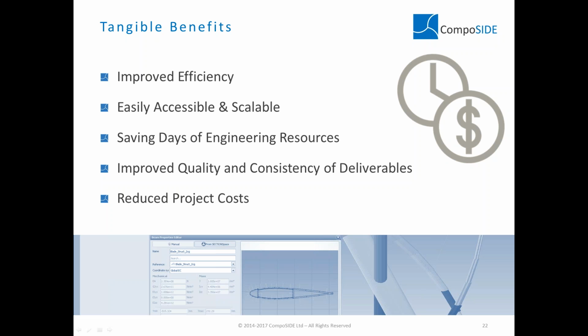BomGen was improved efficiency, the fact that it's easily accessible and scalable, and it saves them quite a lot of valuable days of entering resources by having a system and a method to deal with this, and a database handling of the various parameters which are material and process dependent.